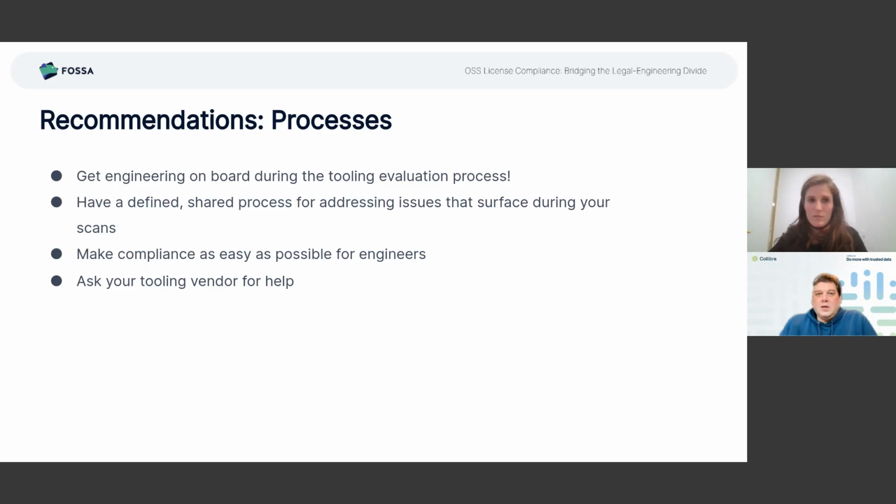Really connect with legal to make sure you both understand which side is responsible for what part of bringing out those reports to the customers, and how to resolve issues, how to remediate whenever a violation occurs, and how to escalate all of this. I think that's the most important part. Yeah, I think we said it before, no? Setting a clear process always makes it easier to manage, to move.